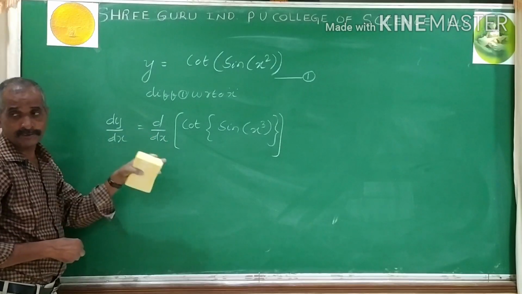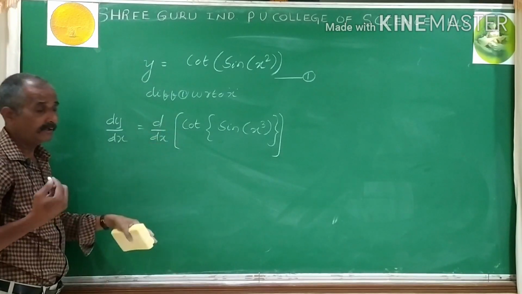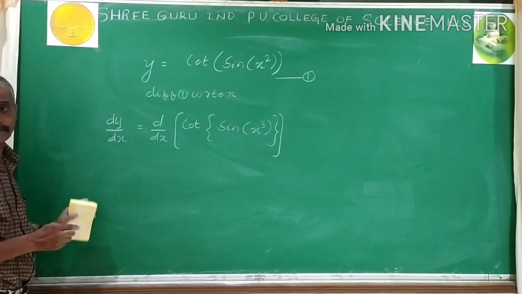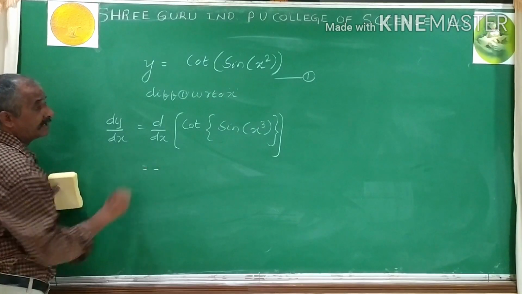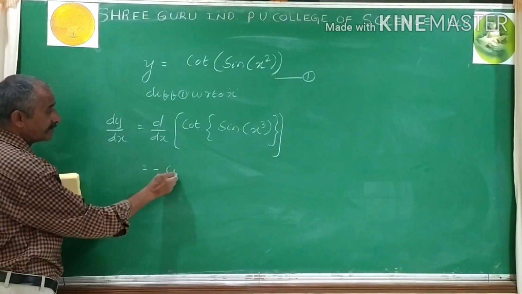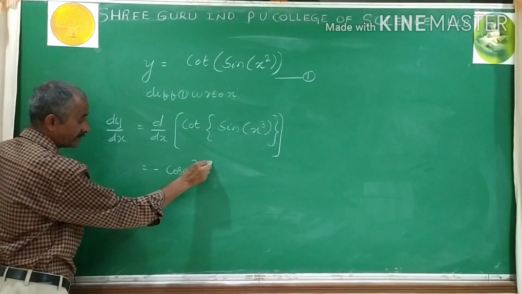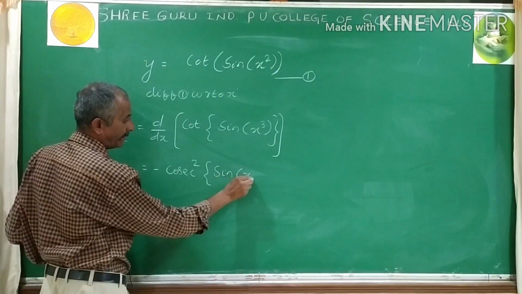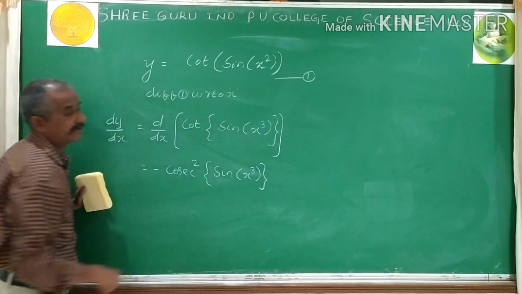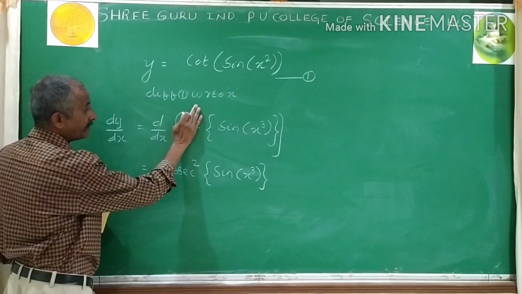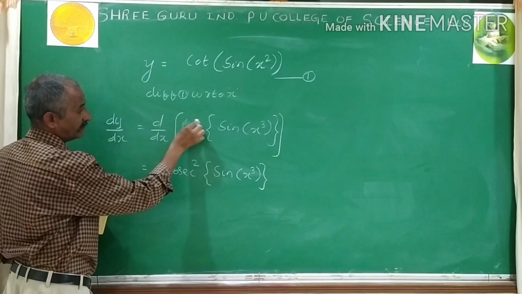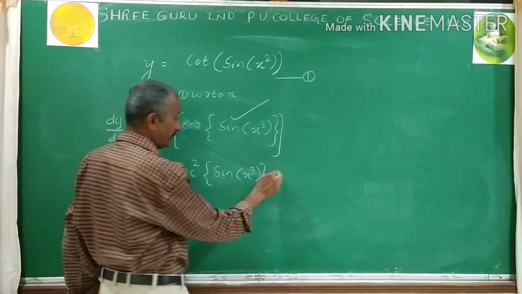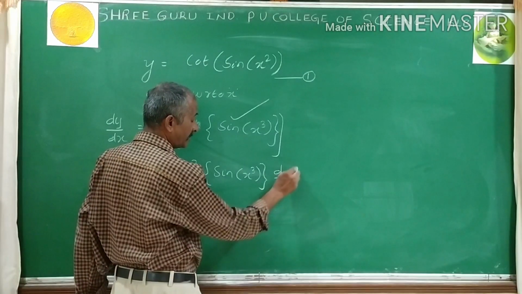So we should give importance to the first occurring function, cot. We recall the formula: the derivative of cot x is minus of cosec square x. Here the answer format does not change: minus of cosec square x, where x means sin of x cube. Not enough, only the differentiation of cot function is over. Next, followed by the differentiation of sin function, into dy dx of sin x cube.